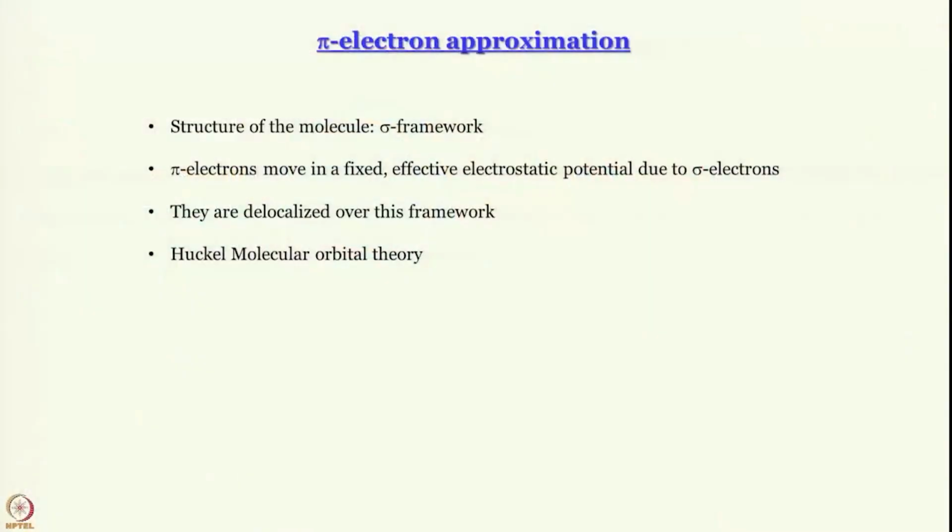With all these considerations, the simplest approach to pi electron systems is provided by Huckel molecular orbital theory. So, remember, Huckel theory is all about pi electrons. We do not even talk about sigma electrons here. For all you know, you might have treated the sigma electrons using valence bond theory, using sp2 hybrid orbitals or something like that.